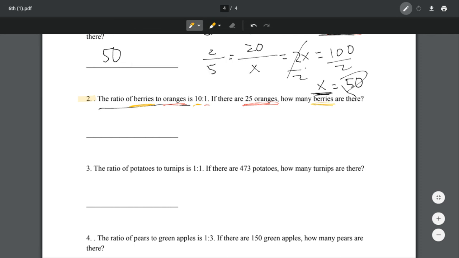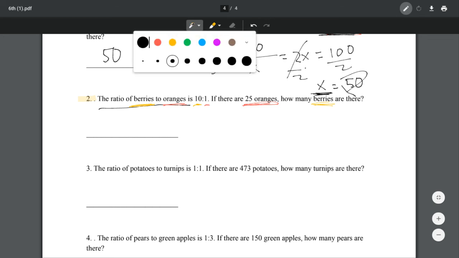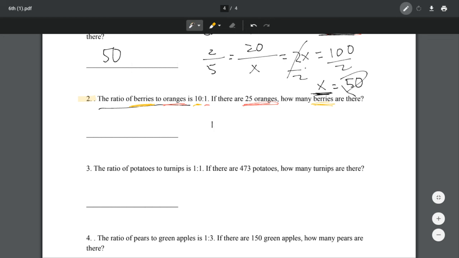Okay, so we're looking for the number of berries. So let's go ahead and set up a proportion. So we have 10 berries to 1 orange, and we put an X because we don't know how many berries there are. And there are 25 oranges.